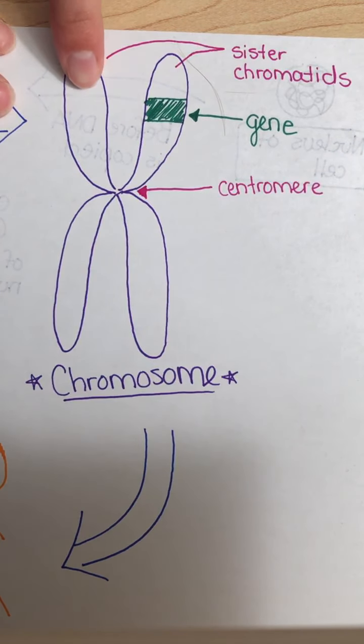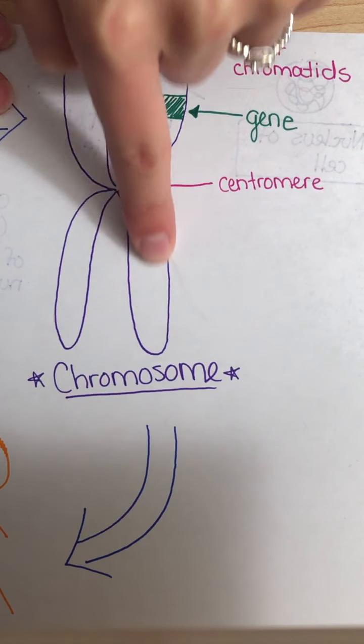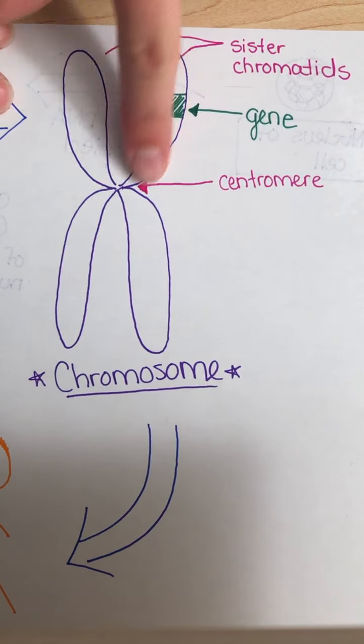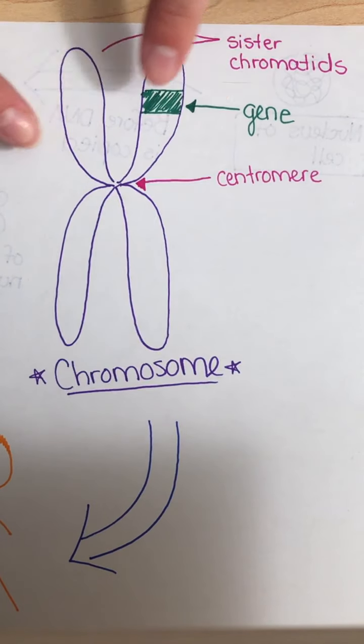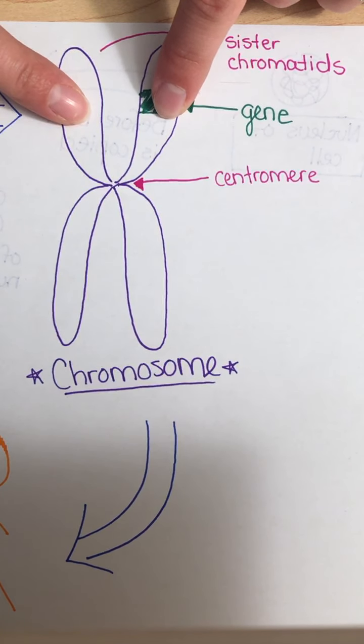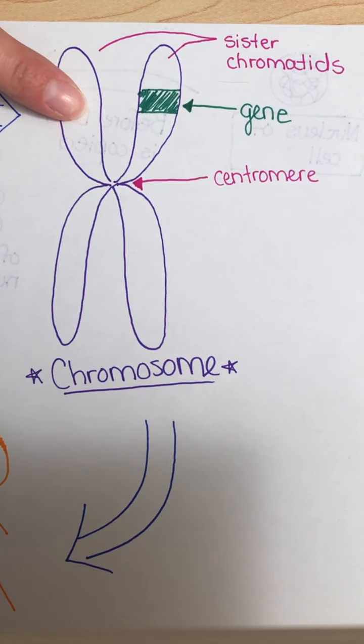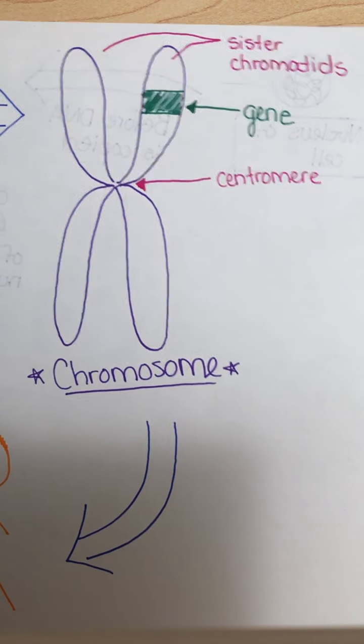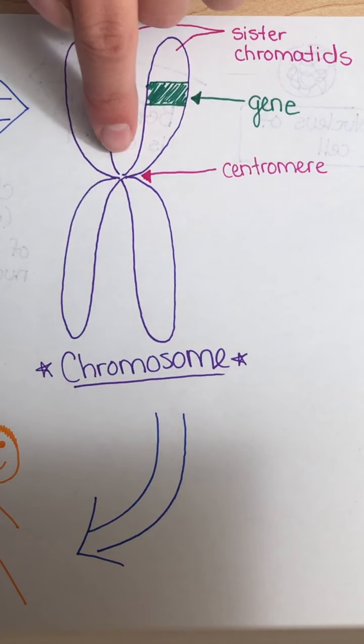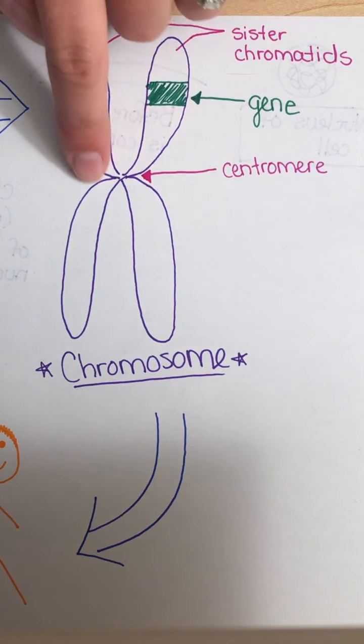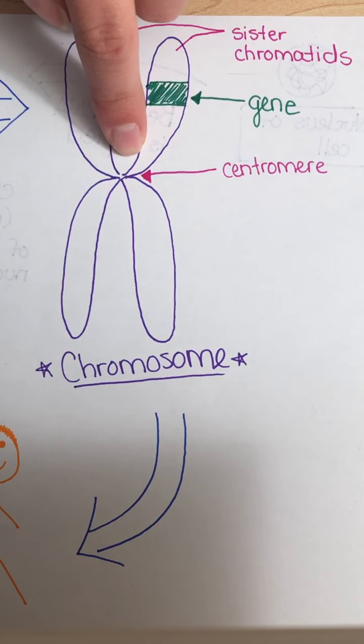So this is one part of the chromosome. And then this other part of the chromosome is also a sister chromatid. And these sister chromatids are copies of each other. So it's kind of why they're called sister chromatids, all right? And these sister chromatids are connected together at what is called the centromere, like this, all right?